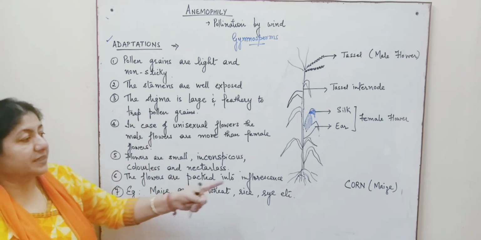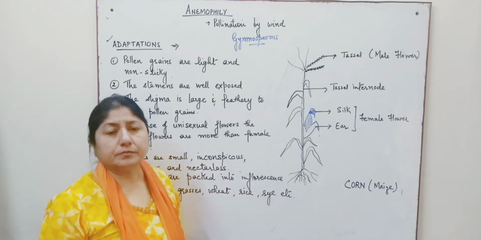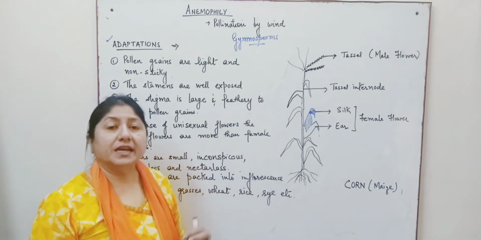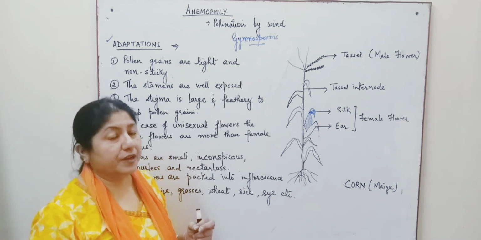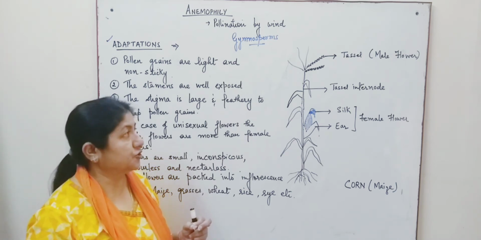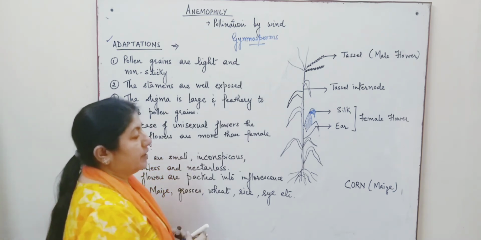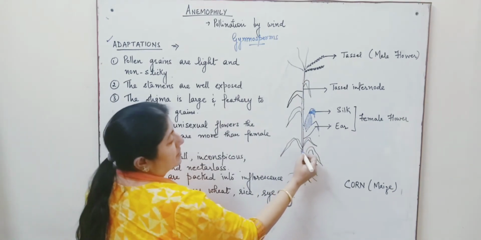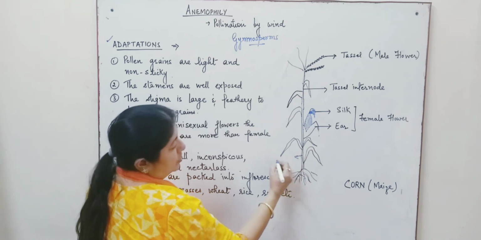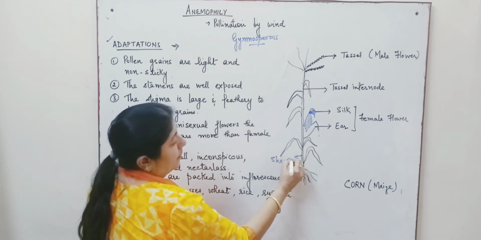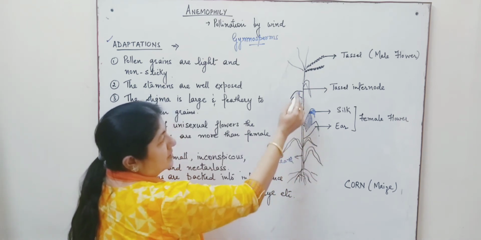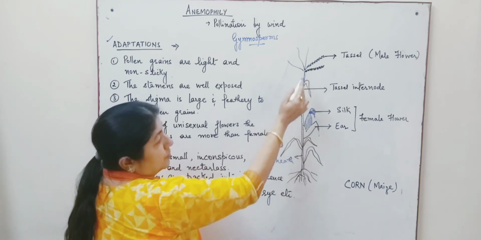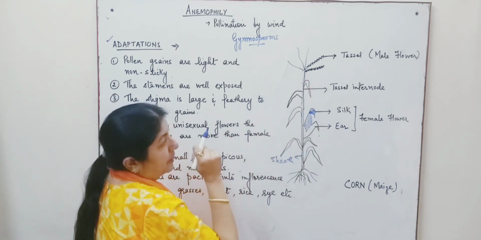Now let us take the example of corn, that is the maize. That follows the anemophilous method of pollination. Now as you can see over here, the plant is slender. This is the leaf sheath. This is the sheath over here. Now this plant has both male and female reproductive parts.